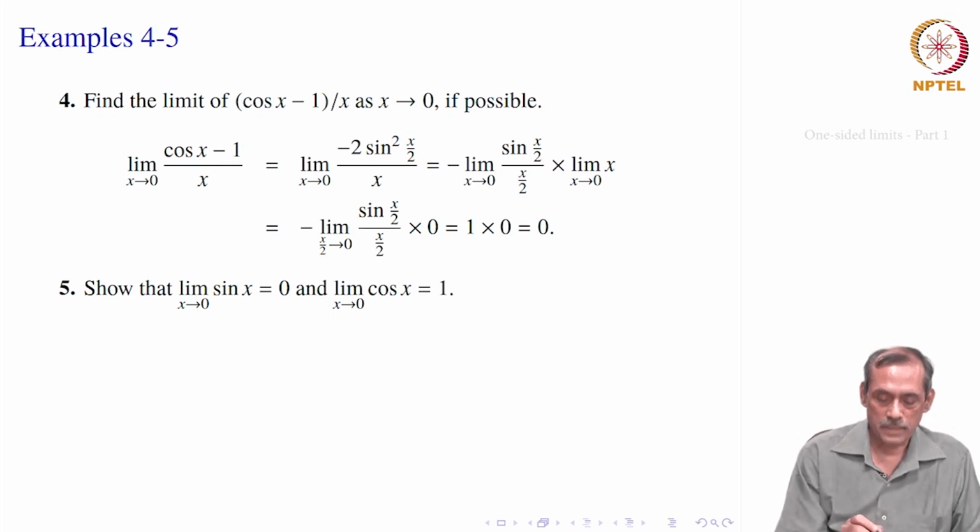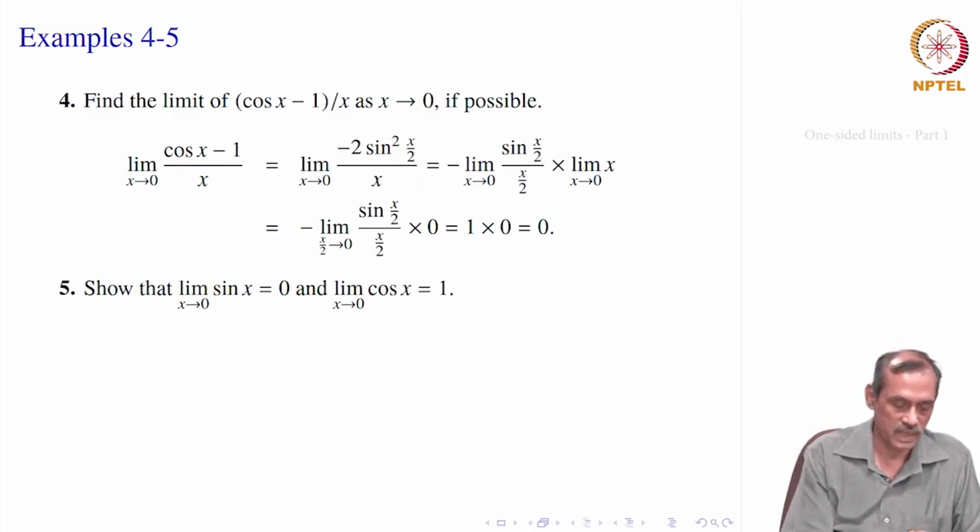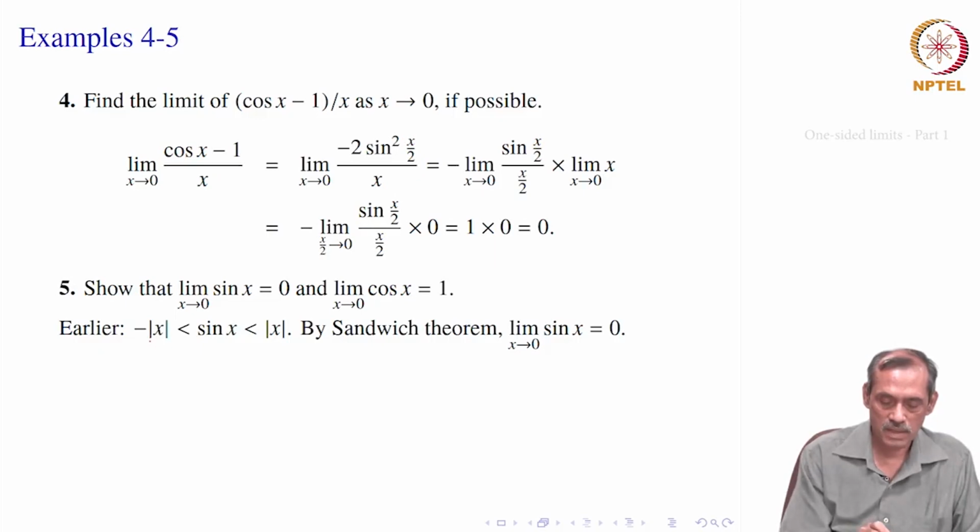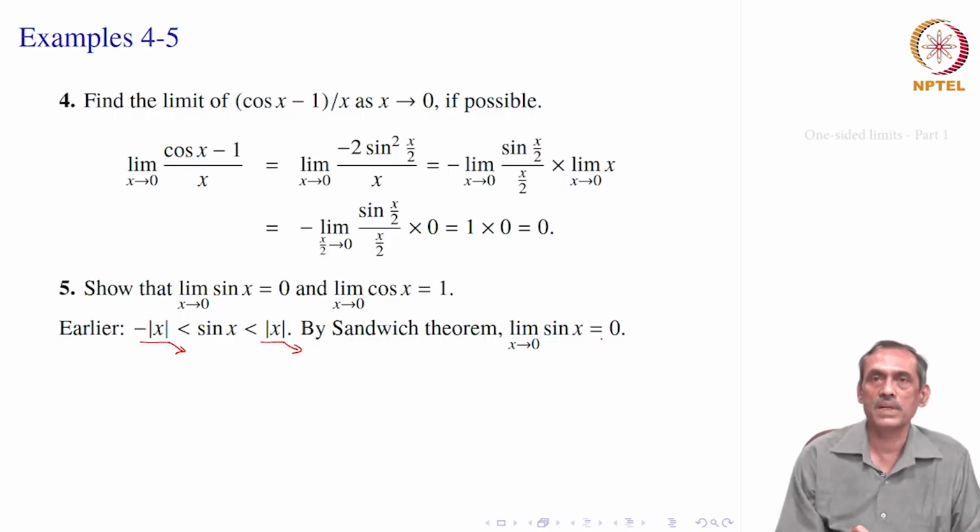Okay, let us take another. These are easy limits, the limit of sin x and the limit of cos x. We know them to be 0. How did we do it for sin x earlier? If you remember, sin x is bounded by minus mod x and mod x. Then, when x goes to 0, both bounds go to 0, so by the sandwich theorem, the limit of sin x equals 0. However, now we can use sin x by x.